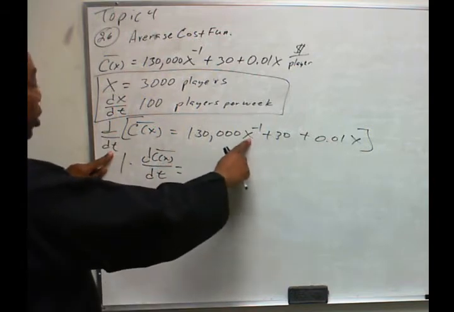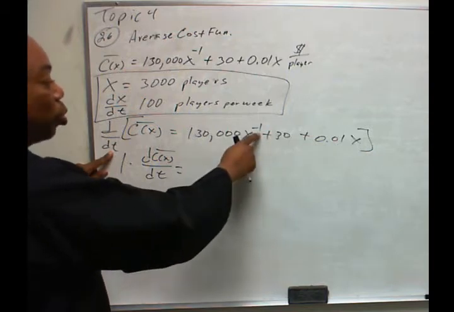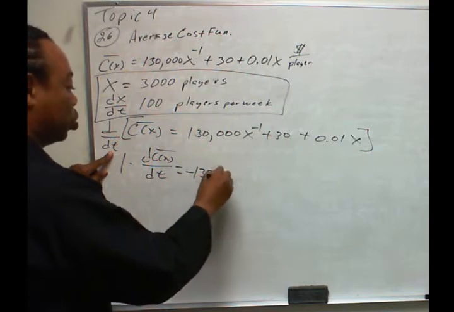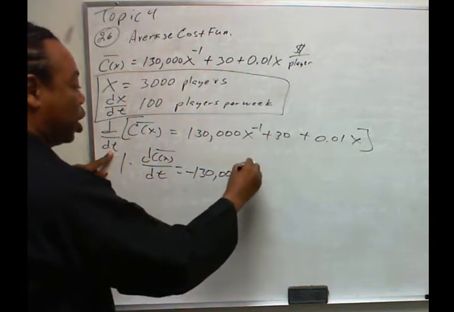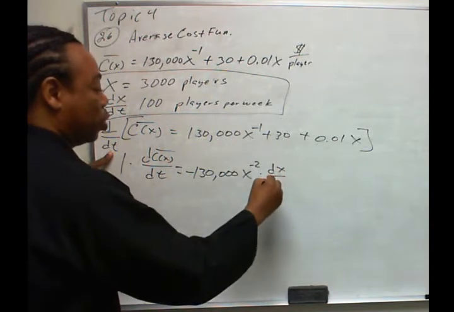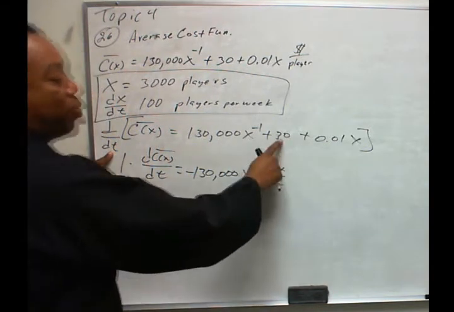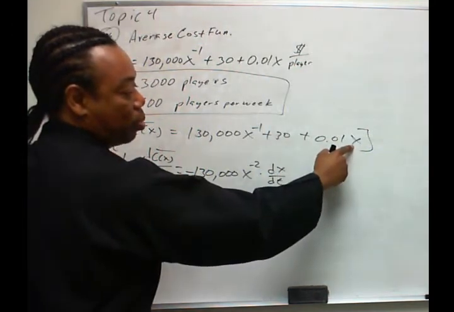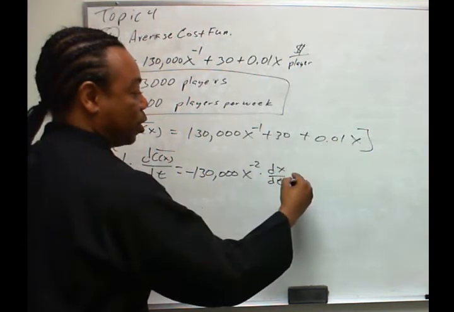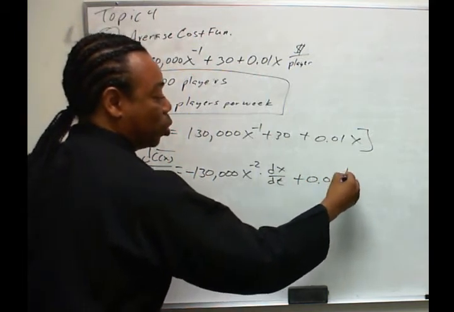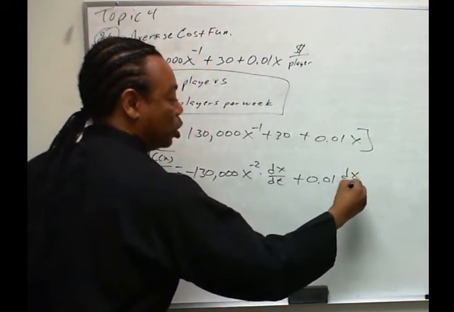Now, this is x, not a t, so the variables are different. So again, we'll have to use the chain rule. We'll take the derivative of this, so it'll be negative 130,000 x to the negative 2, then times the chain rule, the change of x over the change of t. The derivative of any constant is 0. And again, the derivative of this, using the chain rule, will be 1 times its value, so plus 0.01 and then the chain rule will give us dx over dt.